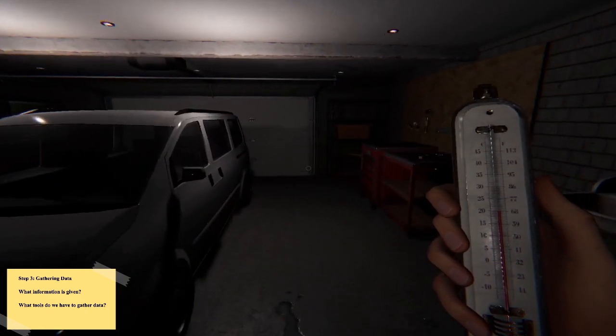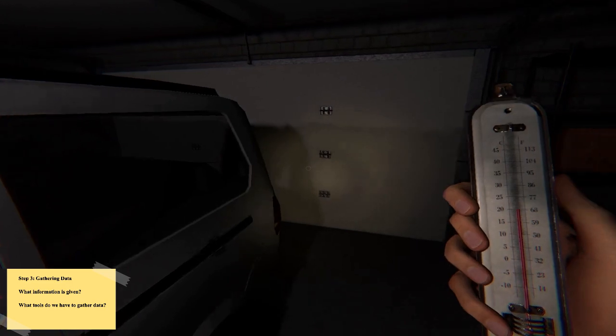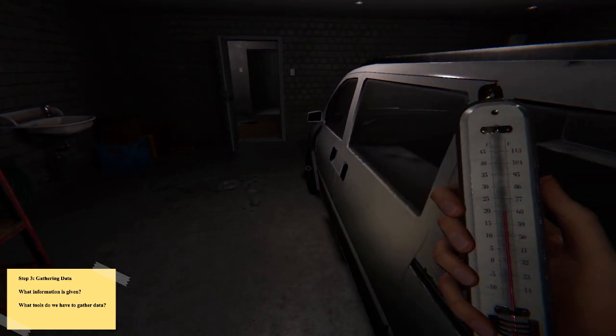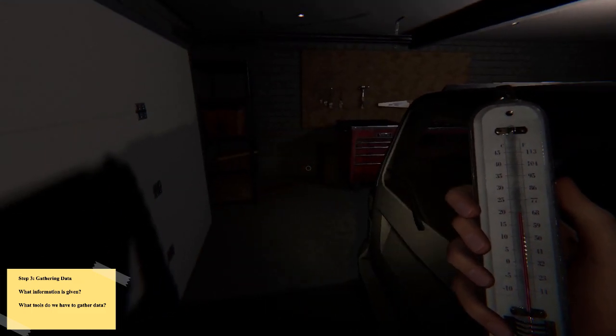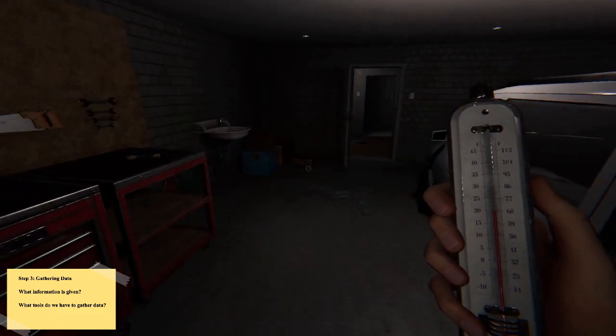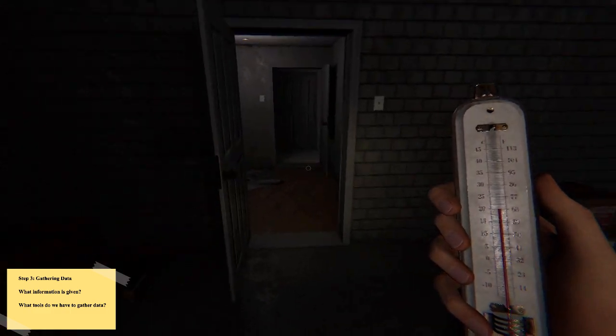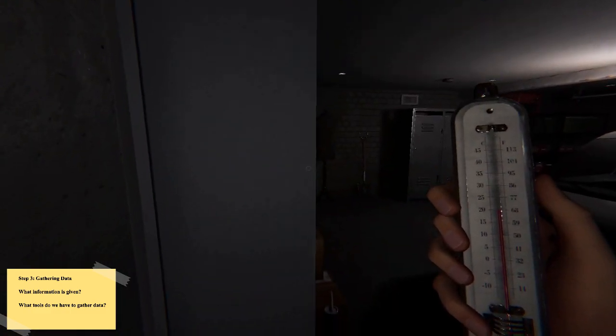How about the garage? Do we have a garage ghost? Nope. Okay, time to check the other bedrooms.